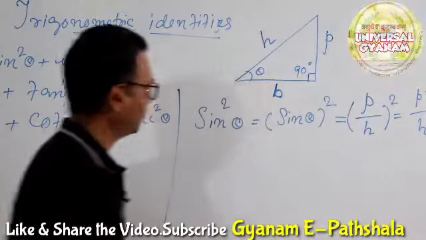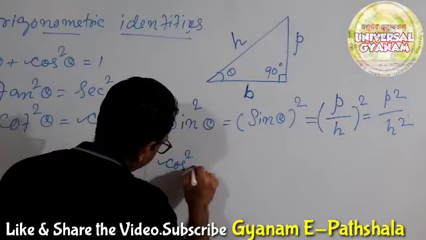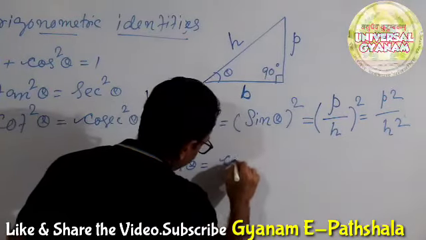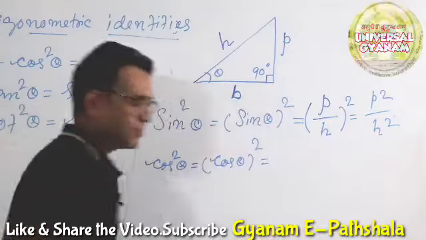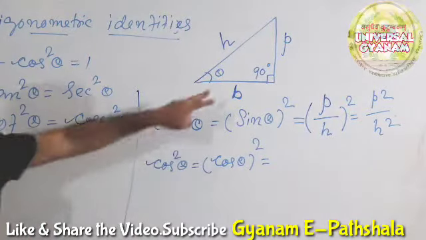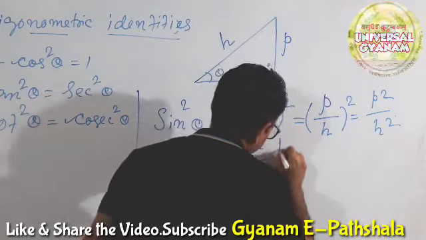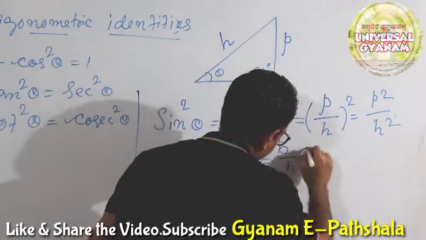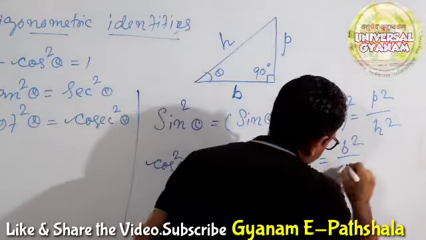This is sine square theta. Come to cos square theta. Cos square theta is cos theta whole square. Cos theta is base by hypotenuse, the adjacent side by hypotenuse. So b by h whole square. I get b square by h square.